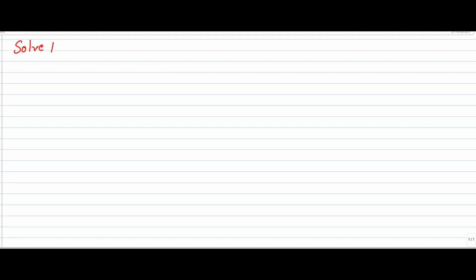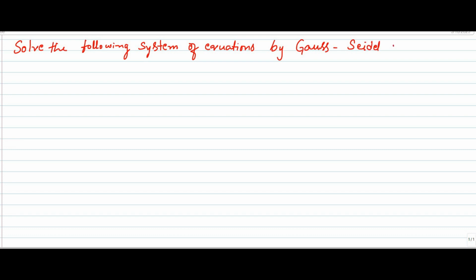Now we shall start the discussion on solving the problem by Gauss Seidel method. Solve the following system of equation by Gauss Seidel method.